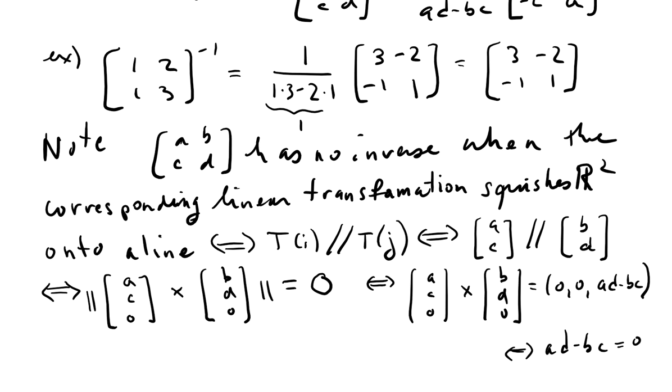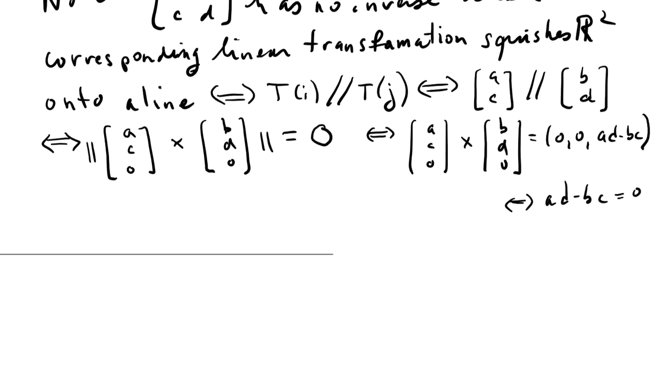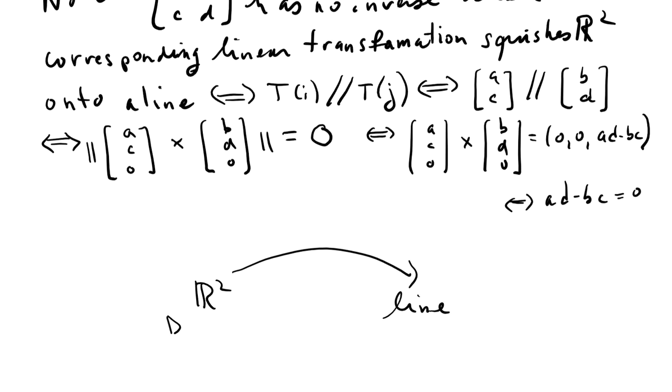You cannot go back from something of dimension 1 to an object of dimension 2. That's not possible. So that's why there's no inverse. There's no way you can come back. Okay? So in other words, our transformation goes from R2 onto a line. That's dimension 2 here, but the line has dimension 1 because there's only one vector in its basis. You cannot go backwards. It's not possible. So no inverse in that case.